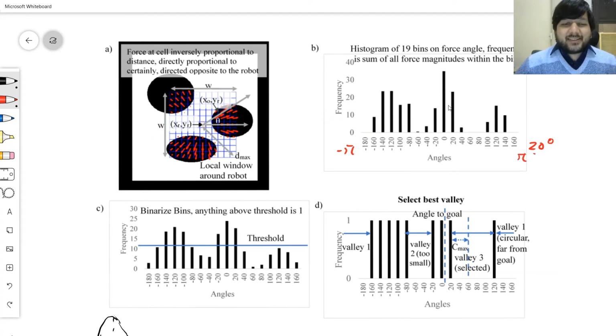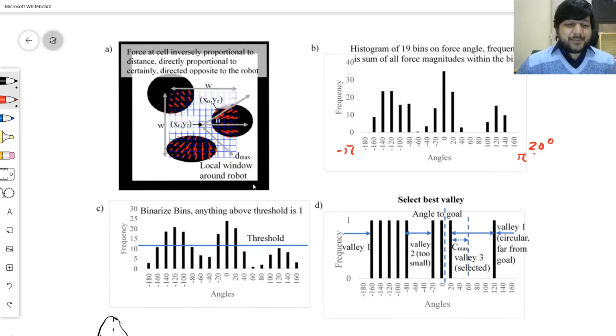You can see that around 0 it has a peak because the obstacle is close and there are too many obstacles within this 0 to 20 degree range. Similarly, around 120 to 140 this is maximum because there are too many obstacles here, and around minus 120 to minus 160 there are too many obstacles as well. So you clearly see these obstacles.